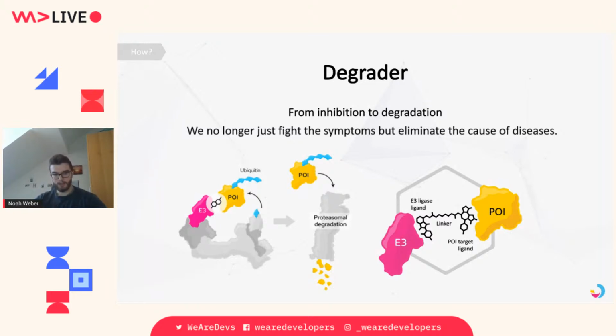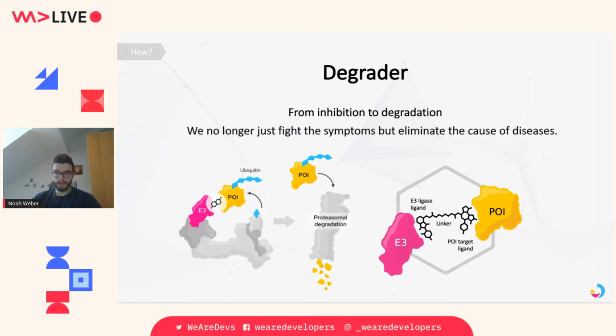This degradation then eliminates the protein of interest, as we see in the middle picture, and we can eliminate the cause of disease. Now, coming back to the farthest right picture, in order to trigger this process of degradation, we first need to connect these two molecules, meaning these two proteins, E3 ligase and protein of interest.